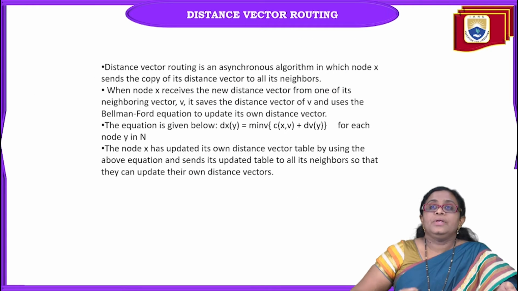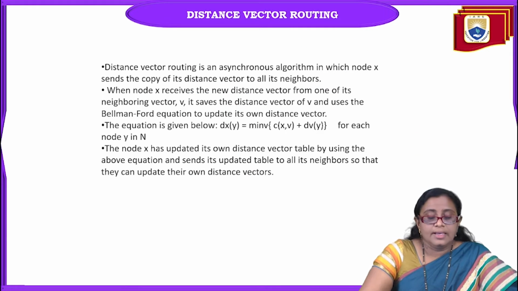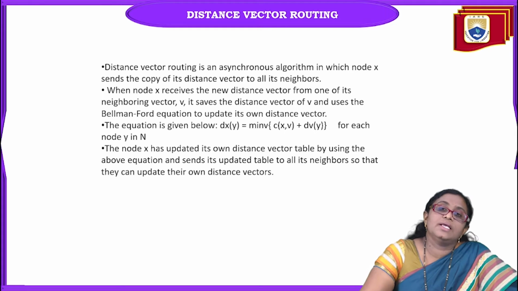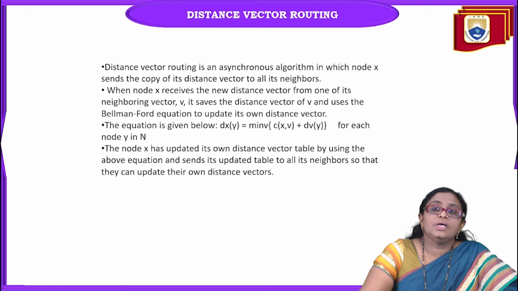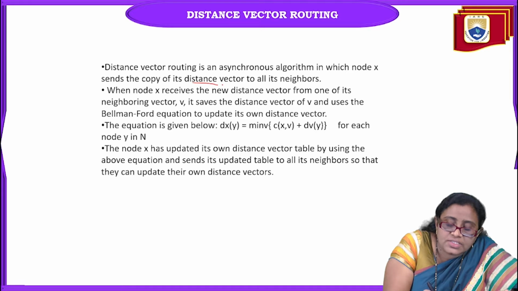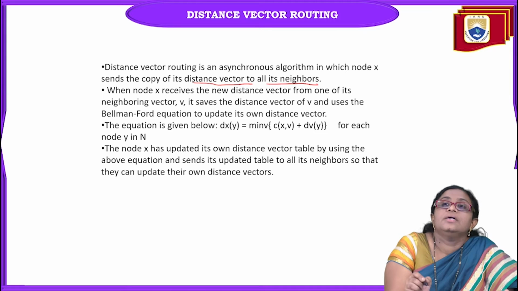As I already explained, distance vector routing is an asynchronous, iterative and distributed routing algorithm in which node x sends a copy of its distance vector to all of its neighbors.